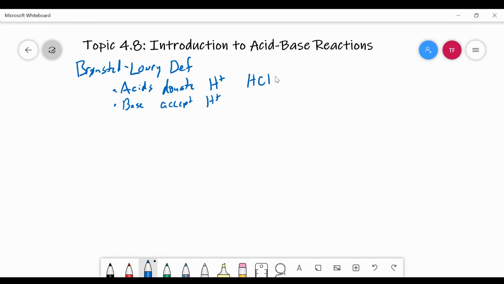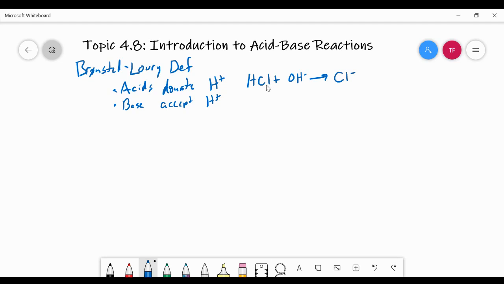Let's take some HCl, hydrogen monochloride, and let's put it in a solution that has hydroxide ions. If I do this, what will happen is that the hydrogen will be lost by the HCl and be gained by the OH minus. So what's going to be left behind is Cl minus because it lost this positive hydrogen ion.